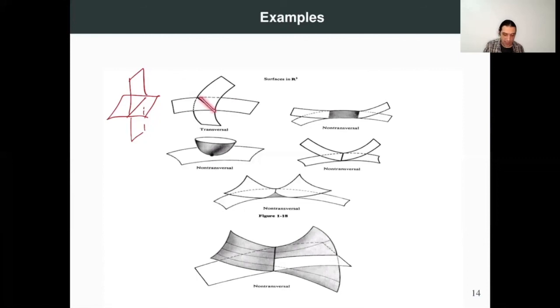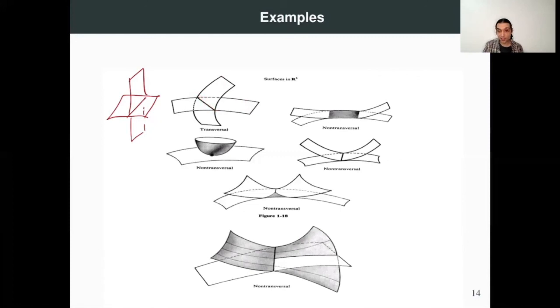In here, the intersection is easy to understand because we know that the codimension of the first surface is 1, the codimension of the second surface, of course, is also 1, so the codimension of the intersection is 2. So that means that it is a submanifold of dimension 1, right?